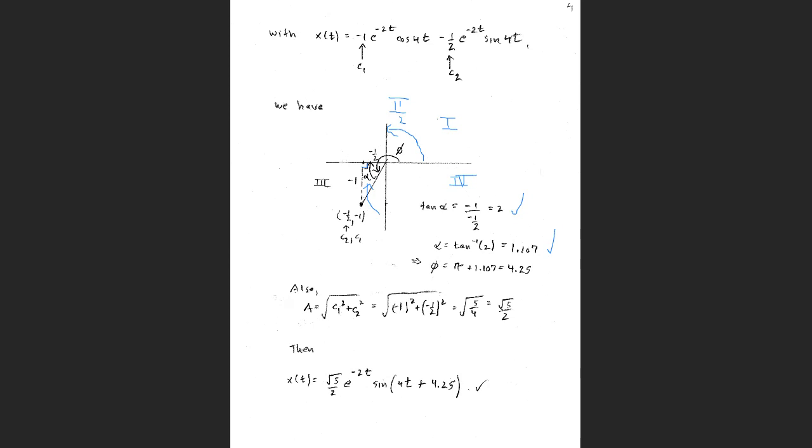So in terms of radians, 90 degrees is approximately 1.57. So an angle of 1.107 radians is going to be in the first quadrant. So in order to find phi, let me phrase it another way. Let me maybe add a little something to the picture here. I have an idea.